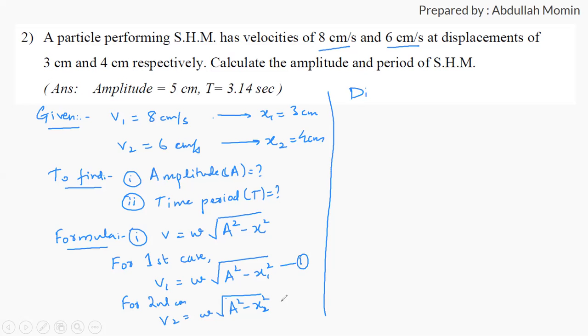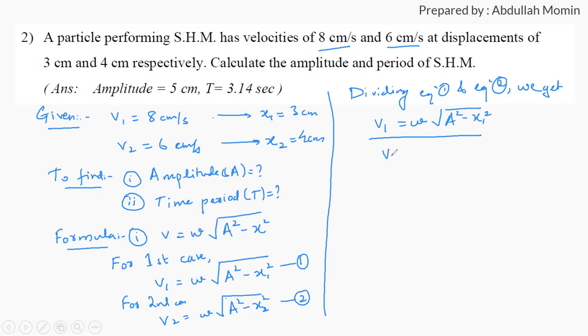This is your equation number 1, this is your equation number 2. Dividing equation 1 by equation 2, we get V1 upon V2 is equal to omega root A square minus X1 square divided by omega root A square minus X2 square. So omega omega get cancelled.